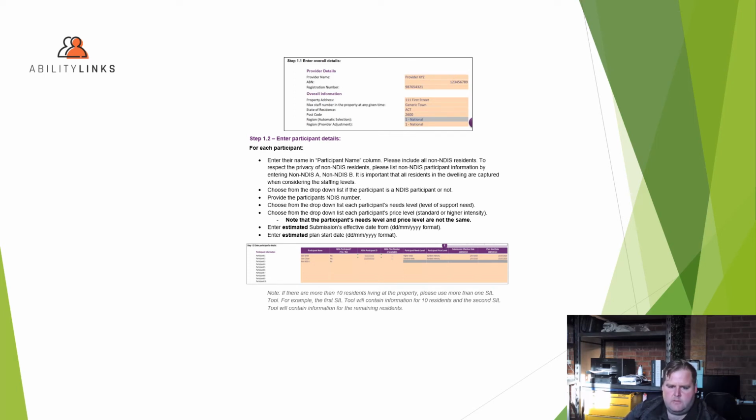Within this one SIL tool, it acts as a global support planner for all that are residing in the one property. So it helps us to work out what supports can be provided and what requires a higher ratio of support. This is how the agency is trying to save money in regards to the sharing of supports within SIL properties.